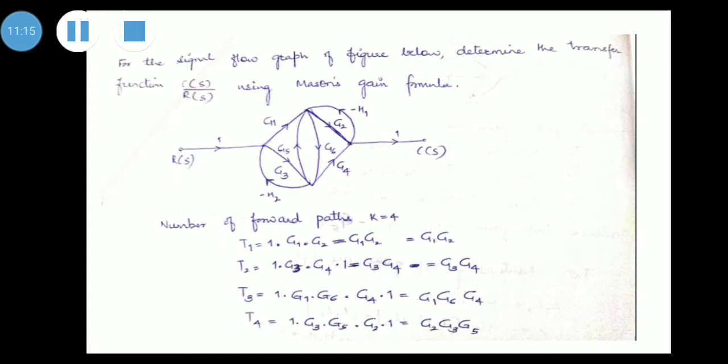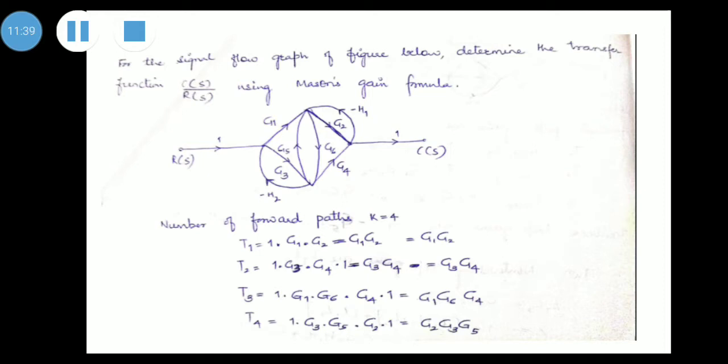Next is T4, 1 into G3, G5 and G2, then 1.